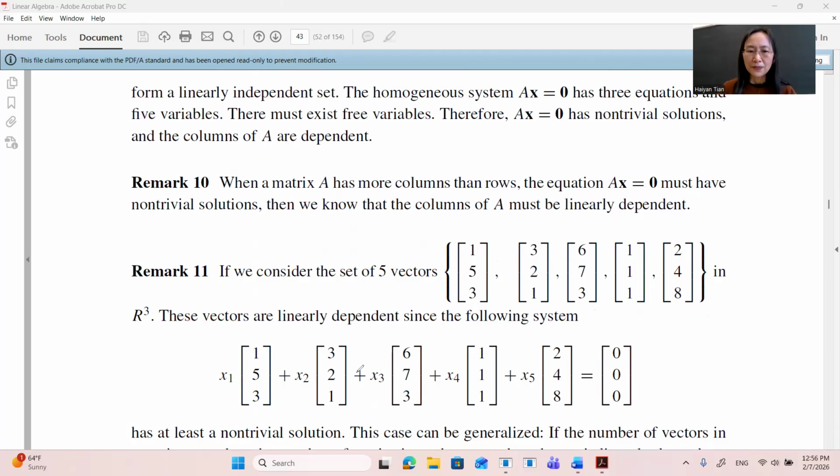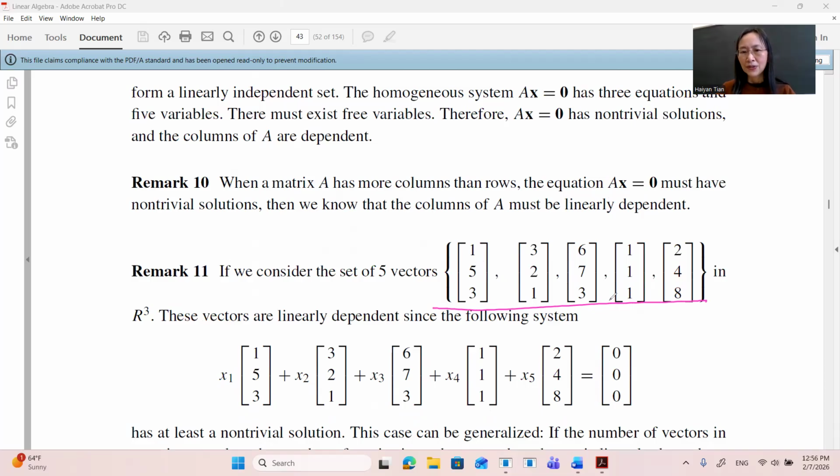If you have more vectors in the homogeneous system, these vectors must be linearly dependent.